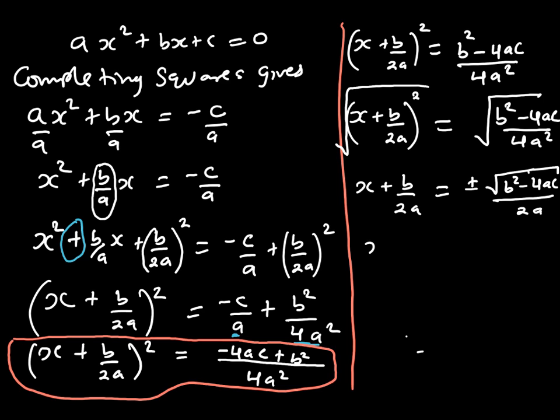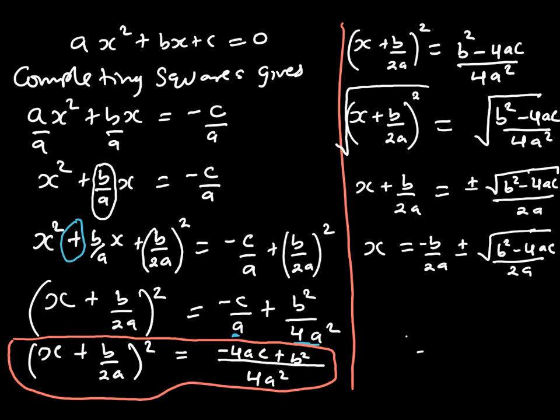So if you make x the subject, this will be minus b over 2a plus or minus the square root of b squared minus 4ac, this is over 2a.